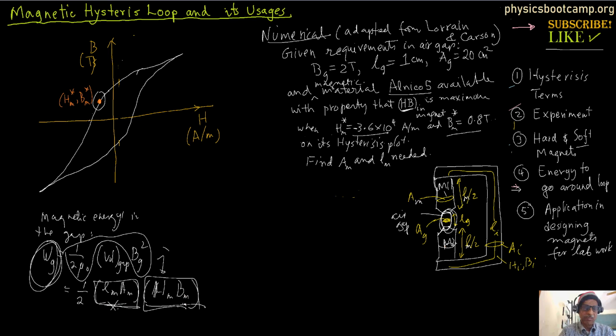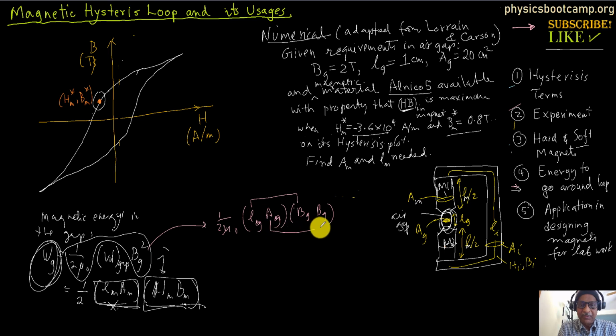Just to show how you might be able to get from here to there, let's do a little calculation. The volume is Lm Am, Lg Ag, and you have Bg times Bg. So one Bg with Lg, Bg over mu naught, and you have Ag Bg.